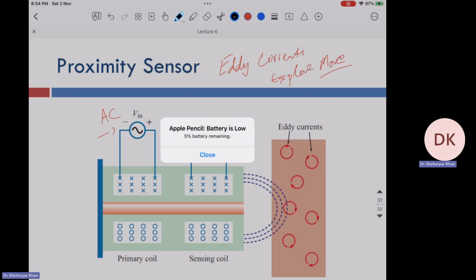Then the change will induce a voltage and a current, and then it will try to stop by Lenz's law. Again, it opposes the magnetic field and tries to stop itself. That's how you can create braking without contact: eddy current braking.